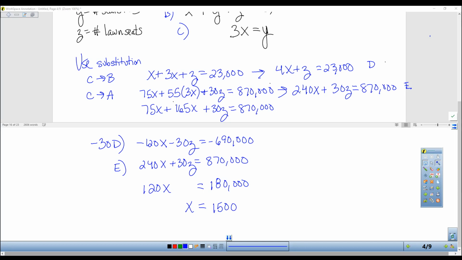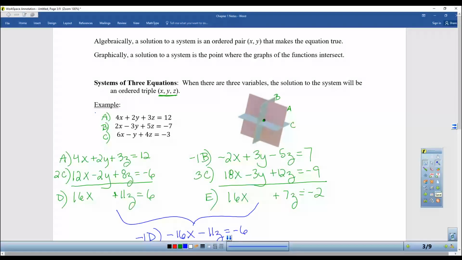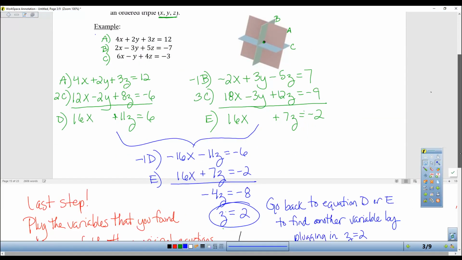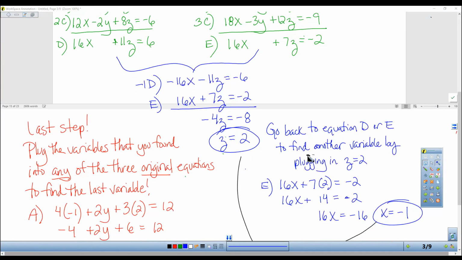So even though I didn't use combination, I used substitution instead, I still had the same goal of getting an equation D and E, putting D and E together, getting one of the variables. And now the process is also the same. So let's just go back to this page so that you can see it. Once we got D and E, what did we do?